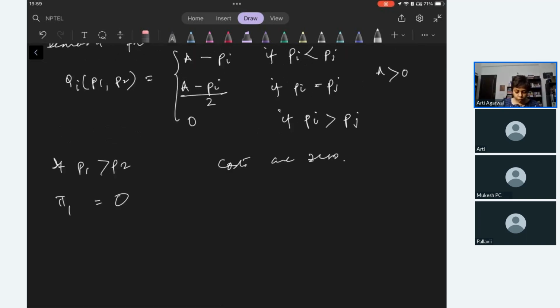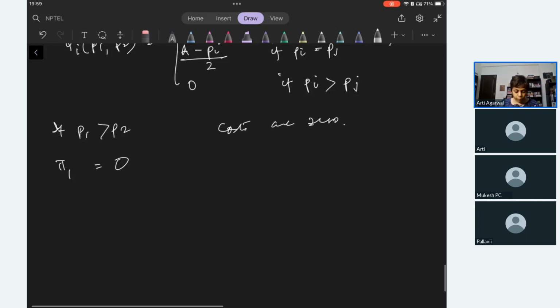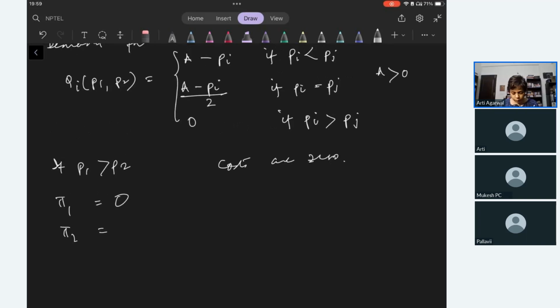And pi 2 is whatever the quantity is, A minus P2 into P2. It's correct, right? This is what happens.